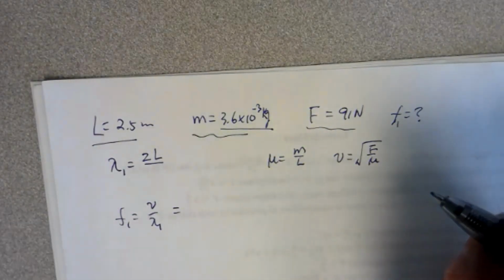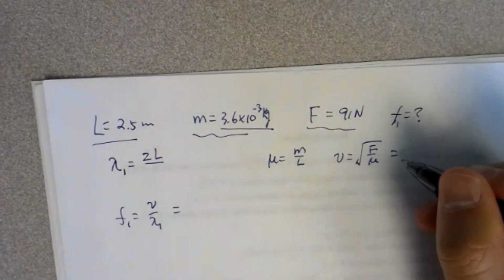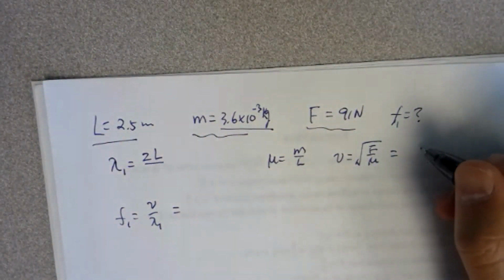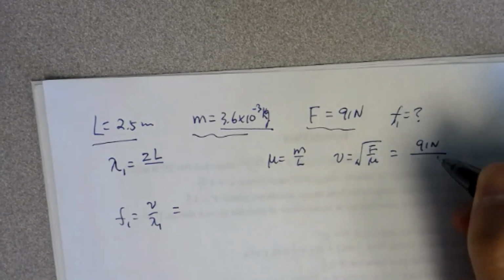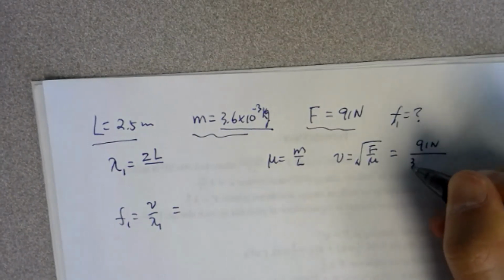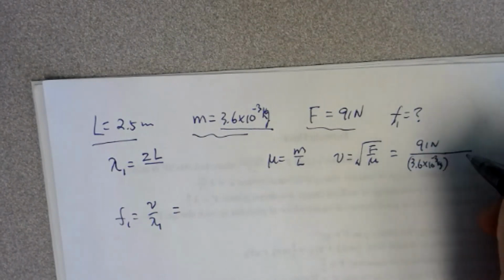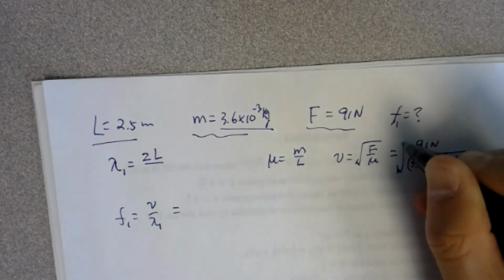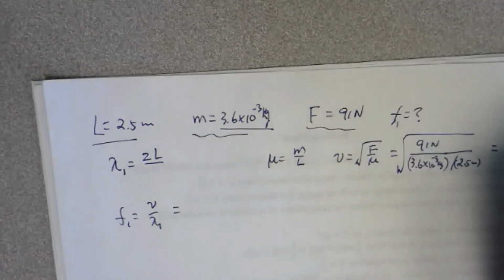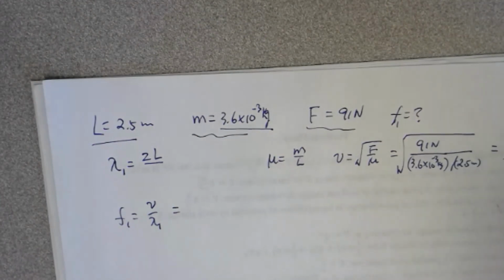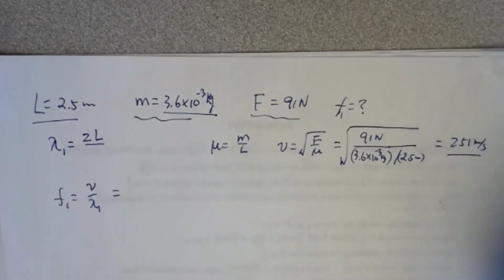So let's see what's the velocity first. It's 91 newtons over 3.6 times 10 to the minus 3 kilograms divided by 2.5 meters, and then you take the square root. That tells you this is 251 meters per second, the speed of the wave in the string.